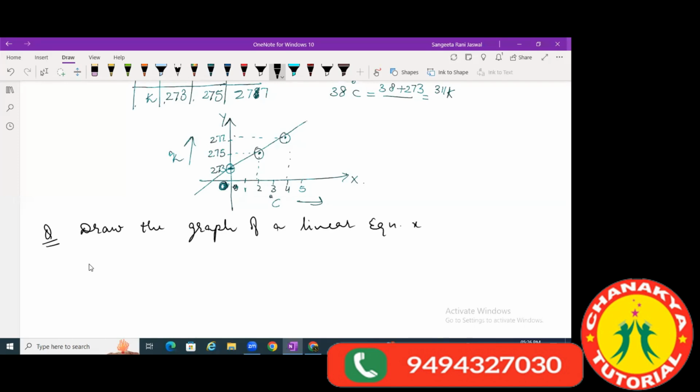The linear equation is given to be x plus 2y equals 8. Find the coordinates of the point.